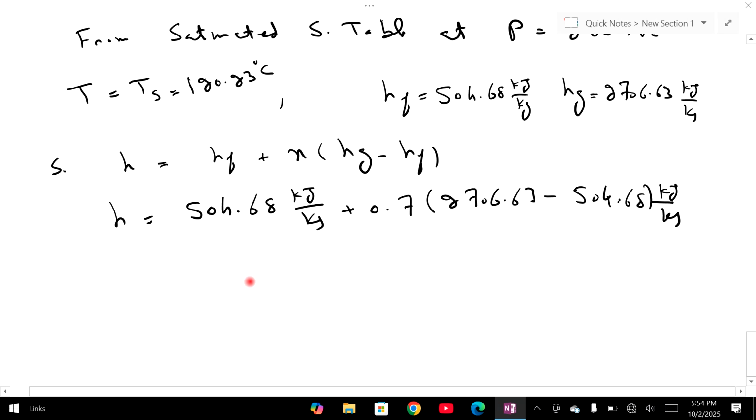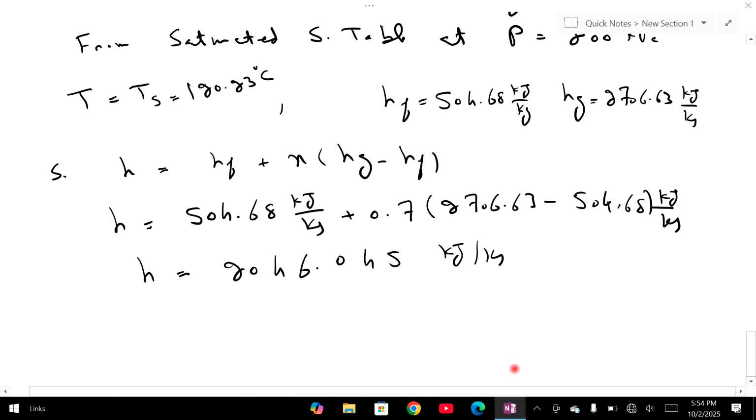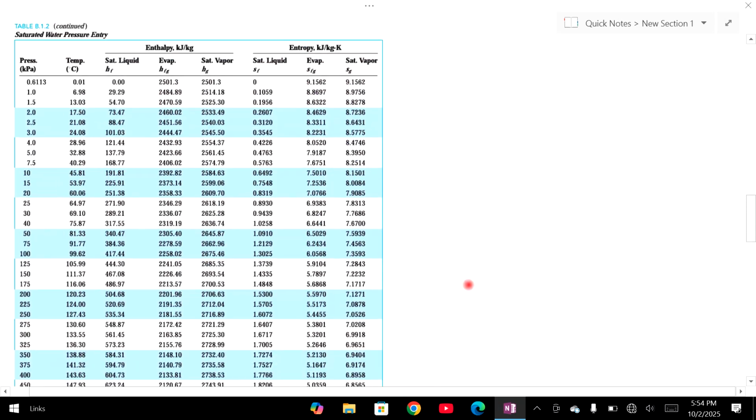This is a simple calculation. Subtract these two, multiply by 0.7 and add 504.68. Finally h will be equal to 2046.045 kilojoule per kg. This is the final solution. Now fill row 1.